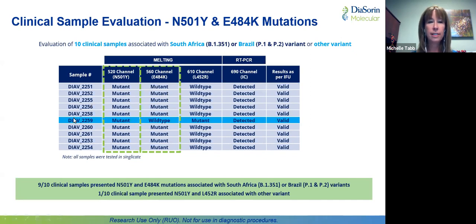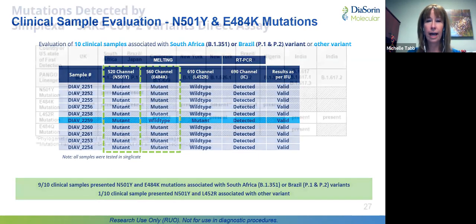However, we also found this one sample, this 2259 sample that's highlighted in the darker blue, where we saw the mutation at 501Y, but it was wild type at the E484K position and mutant in the L452R mutation. And so this is a completely different variant. And so probably is one that's interesting that we'd want to send for sequencing if we saw something like this in our lab.